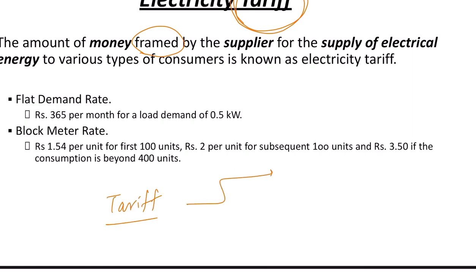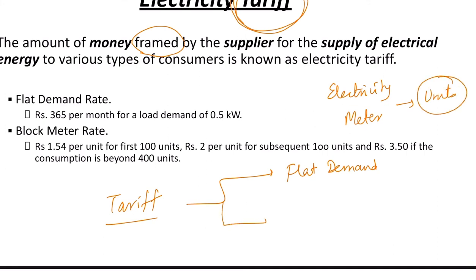You have a flat demand or flat rate tariff. Like I said earlier, you have an electricity meter. That meter measures how many units of electricity you use. So if you have an electric meter, it basically has a block meter tariff. In flat demand tariff, irrespective of the number of units used, you are charged, let's say for 0.5 kilowatt, 365 rupees per month.